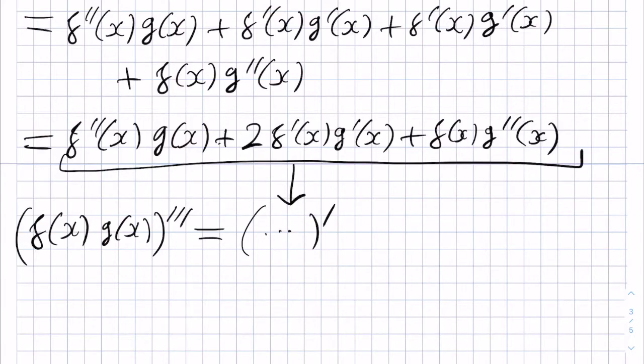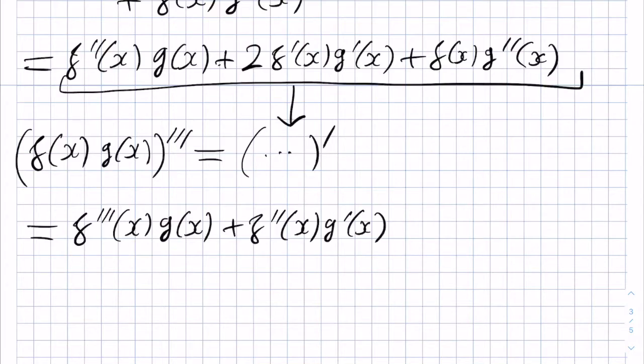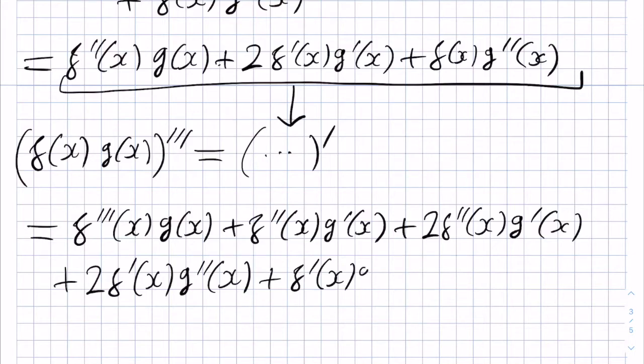And if we do this, going slightly faster this time, then we will have f triple prime of x times g of x plus f double prime of x, g prime of x, plus 2f double prime of x, g prime of x, plus 2f prime of x, with g double prime of x, and then we have f prime of x, g double prime of x, and f of x with g triple prime.